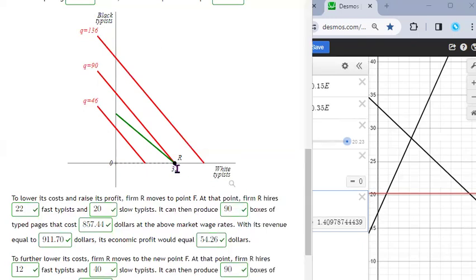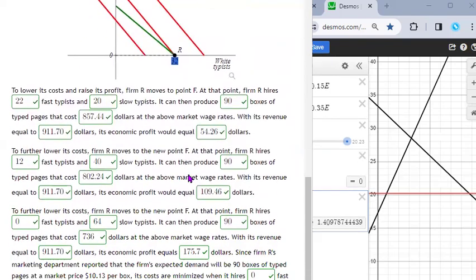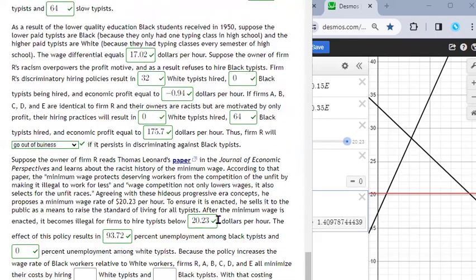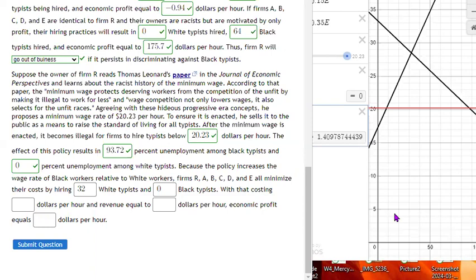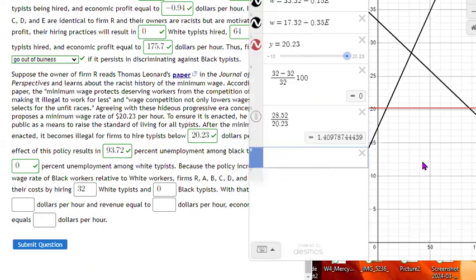So all the firms are going to discriminate. The law forces them to discriminate. They're going to hire 32 white typists and 0 Black typists. With that costing how much? Well, let's calculate the cost again.